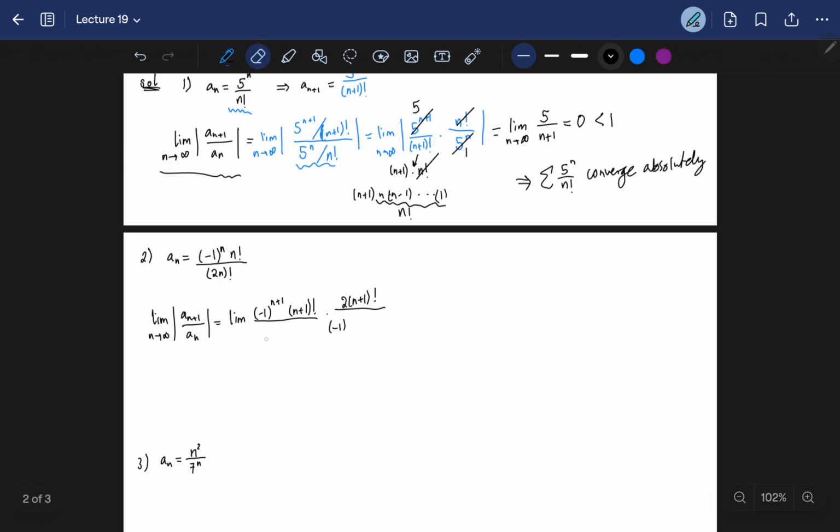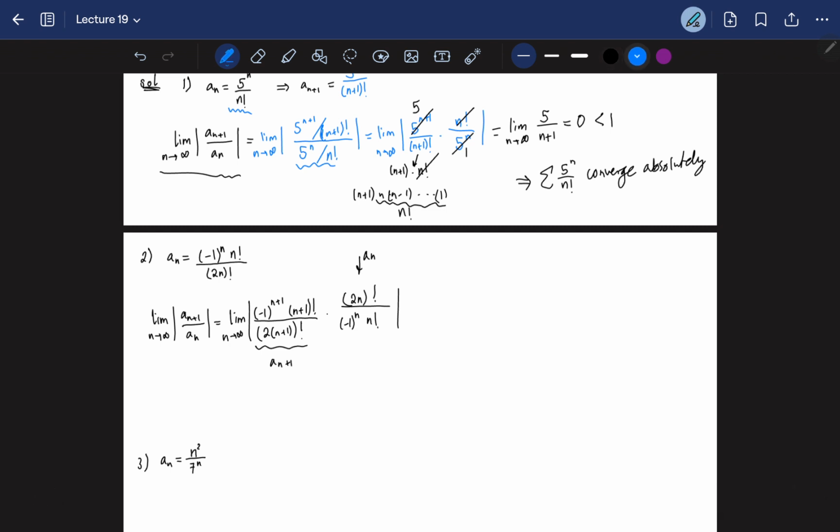Right, we have here 2n factorial over (negative 1) to the n factorial. So this is my a_(n+1), this is my a_n.